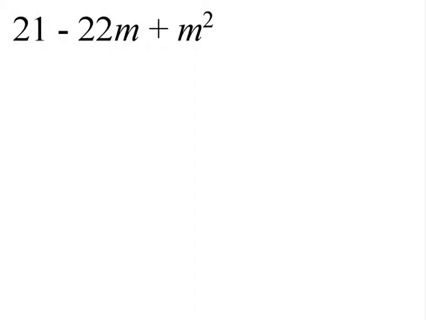So if you're stuck and you just can't think of anything, start by writing factors down, and then it might help you figure out what the 2 are.